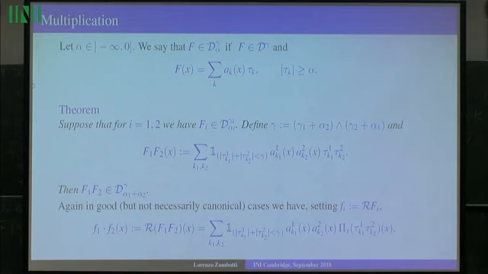Okay, so which means that in the good cases, when the pi are continuous, but not necessarily in the canonical setting, you have a notion of product, which is this one: f1 times f2 will be the reconstruction of this capital F1, capital F2, which will be this expression.